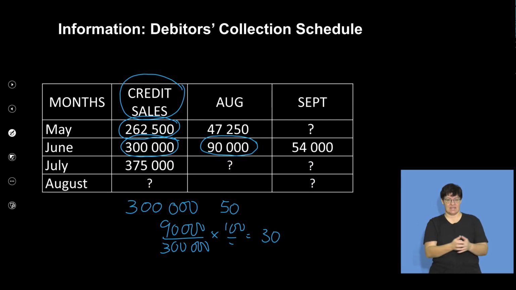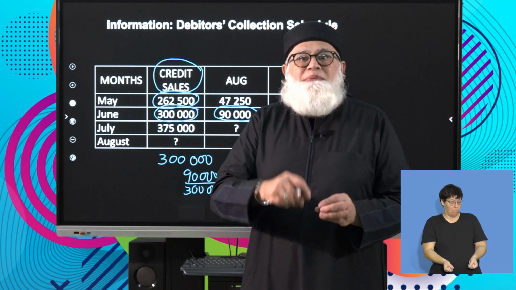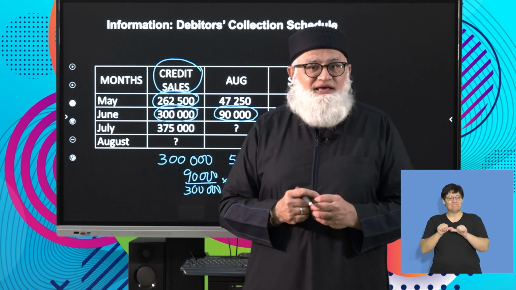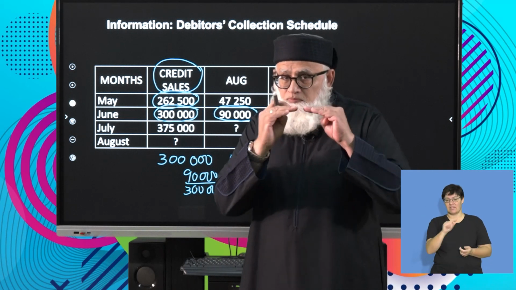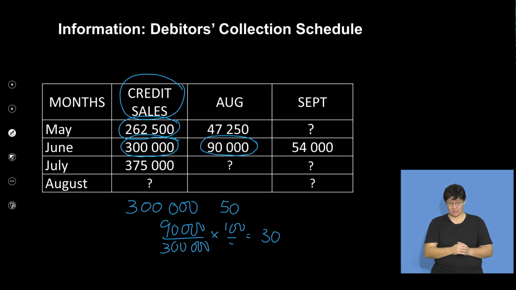That's where the actual crux of the question came in, because if you didn't understand that, you would be unable to do further calculations, right? So looking at June now, you can clearly see that July will be the 50%, right? August will be what we've calculated to be the 30%, right?